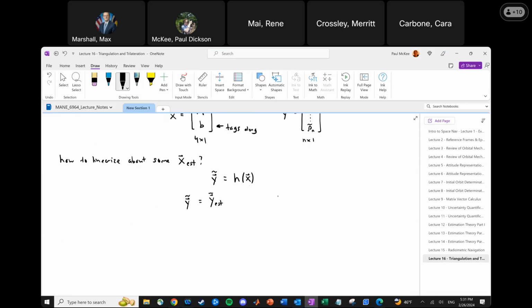So maybe we'll do, actually, let's just jump right to this. Y is Y estimated, which is really H of X estimated, plus the derivative of H with respect to X evaluated at X equal to X estimated, all of that times delta X, plus some higher order terms.